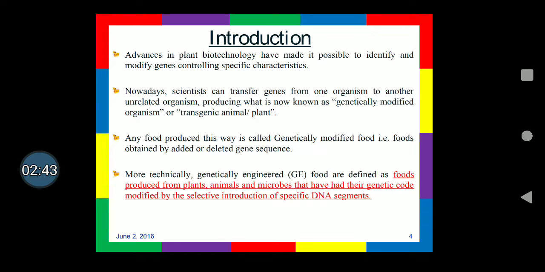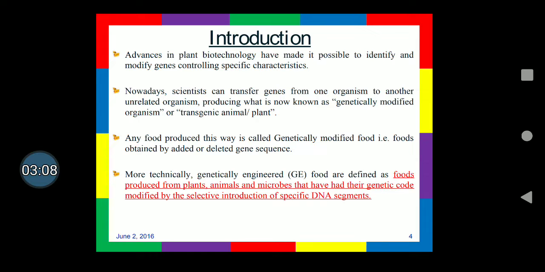Advances in plant biotechnology have made it possible to identify and modify the genes controlling specific characteristics. Nowadays, scientists can transfer a gene from one organism to another, which may be an unrelated organism. So it need not be from a plant to an animal or an animal to a plant, producing what is known as a genetically modified organism.